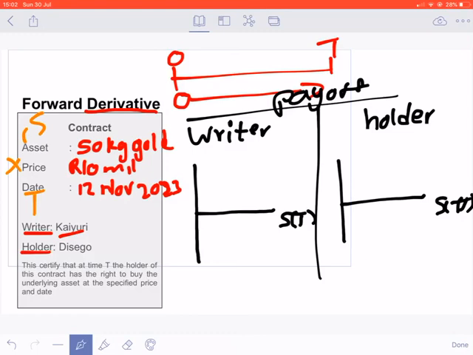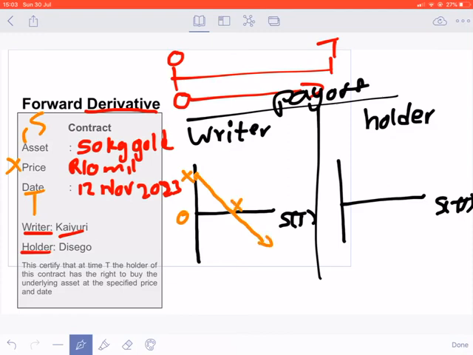If the asset is going to be zero in the future, and Kayuri has to sell it to the seller, and the seller has the obligation to buy this asset, it means that Kayuri has gained exactly X. But the asset price can keep on increasing all the way to 10 million rand. If the value is exactly 10 million rand, the payoff is going to be zero.